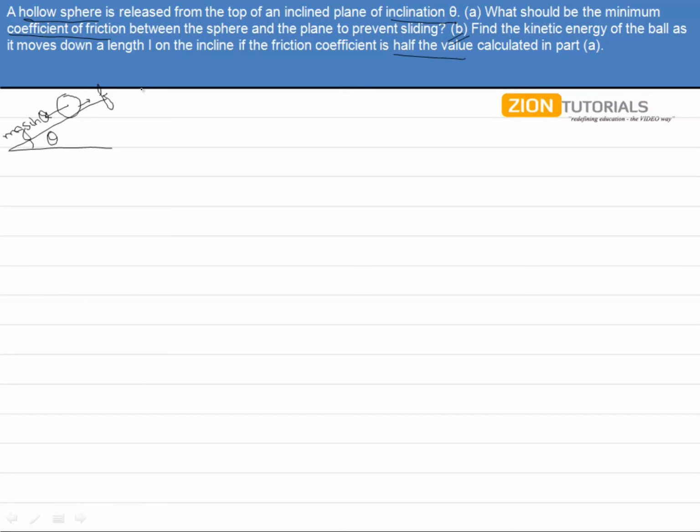in order to bring it into pure rotation. So if we frame the equation, we can write mass times acceleration, where acceleration is in the downward direction, equals mg sine theta minus friction. Marking it as equation number 1, let us frame one more equation for the torque.